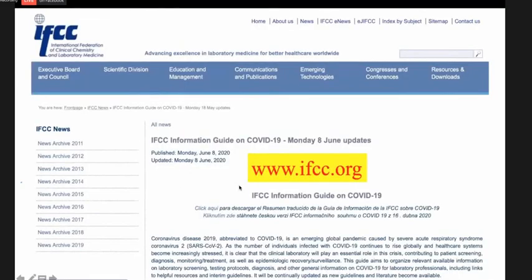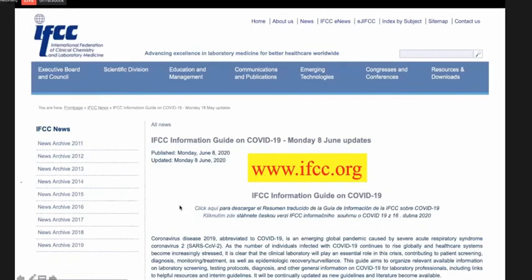So finally, I would like to recommend this guide on COVID-19 related laboratory investigation, which is freely available on the homepage of the International Federation of Clinical Chemistry and Laboratory Medicine.